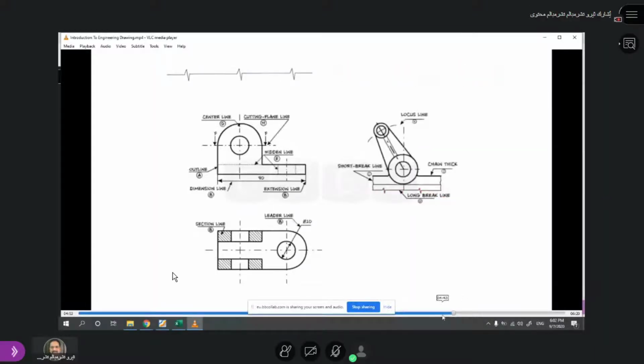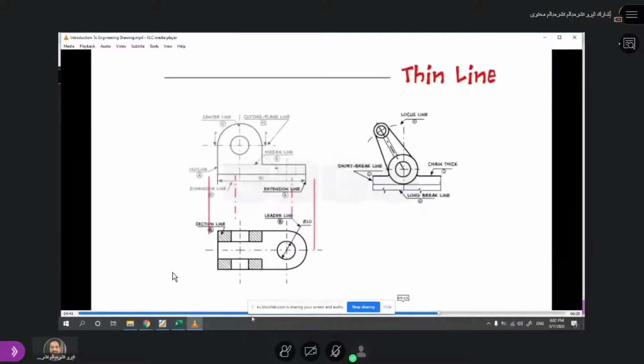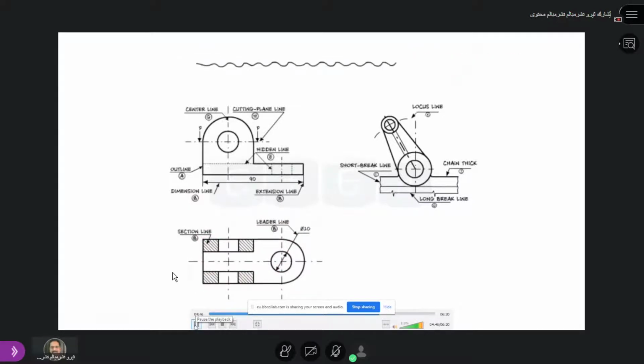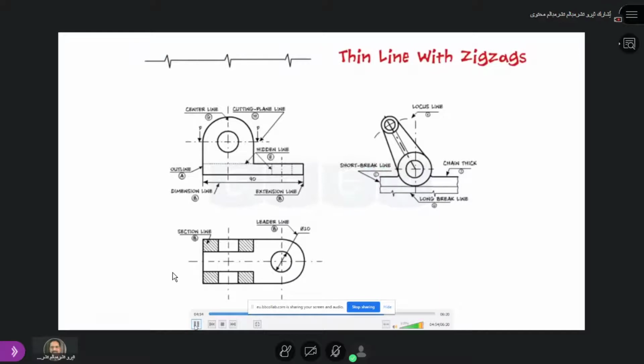Okay, let's start from here. Thin line, we'll start all over again, and let's go. Leaders, hatching, etc. Next is a continuous thin freehand line. This line is used to show short break or irregular boundaries. Next is the continuous thin line with zigzags.